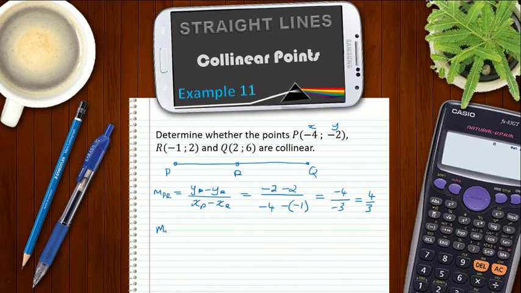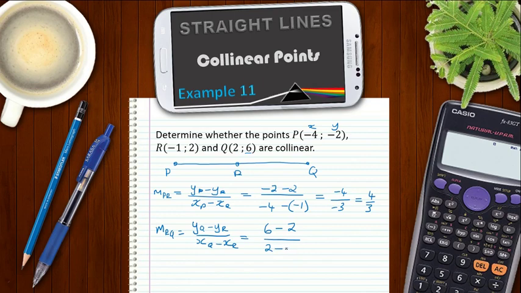So the gradient of RQ is equal to the change of y, y of Q minus y of R, over x of Q minus x of R. Now let's do that substitution. Then y of Q, which is 6, so 6 minus 2 over 2 minus negative 1.